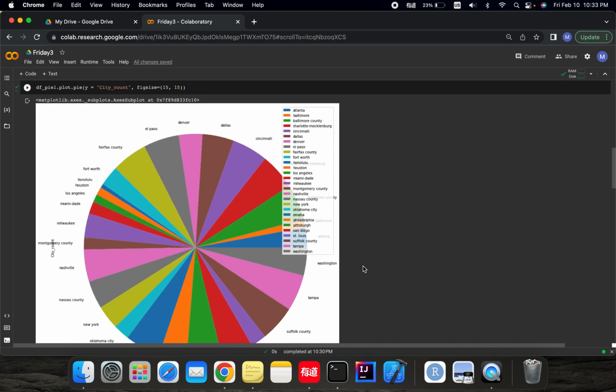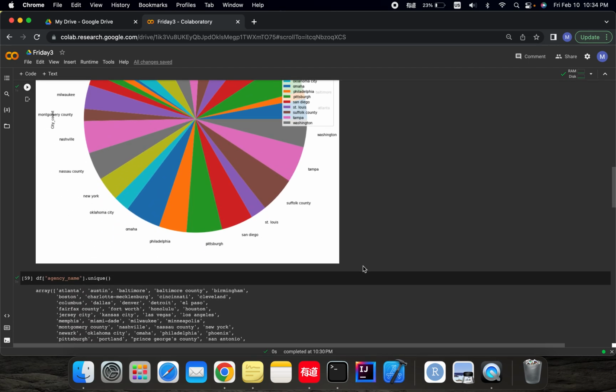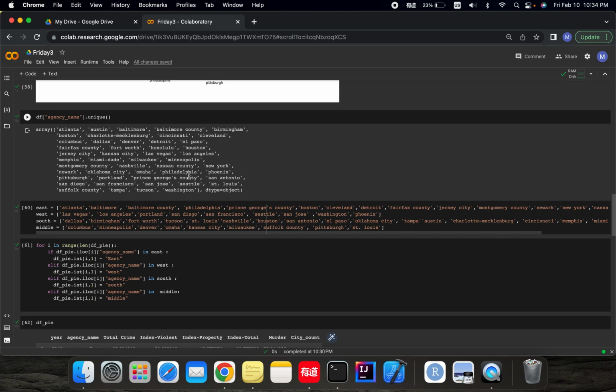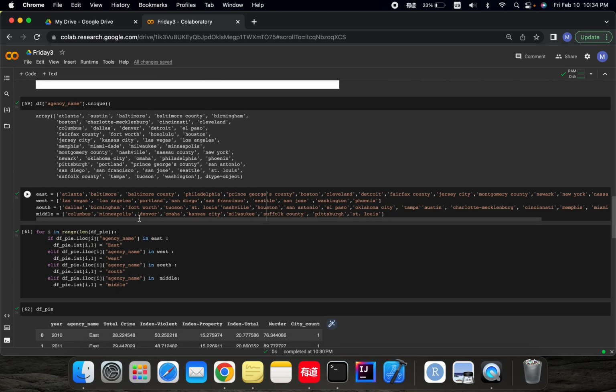But this chart definitely has a problem, which is that there are so many cities that it's kind of complicated to recognize them. So after that, I put them in different groups. Some of these I have information that they clearly belong to, for example east or west, but some are not very clear.